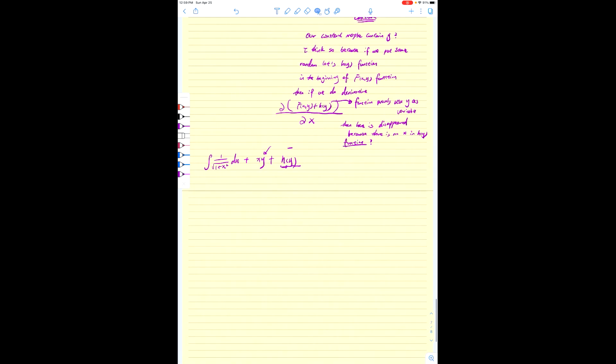Okay, so we have f(x,y), and we have the function that we need, right? But the problem is that we have another integration that we have to solve.